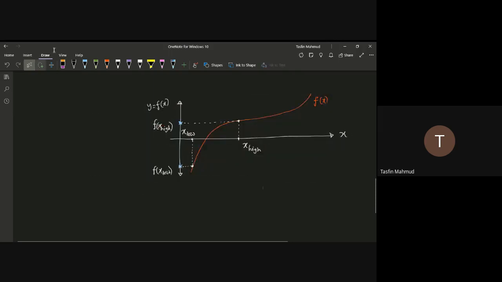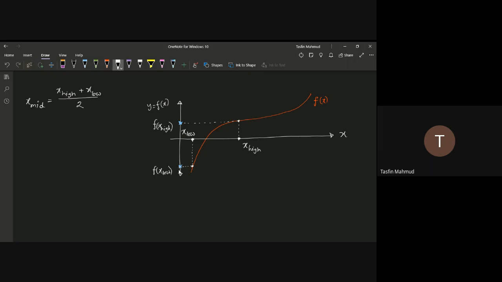So x mid will have this equation: x high plus x low divided by 2, right? We will calculate the midpoint. And as we are actually dividing the interval equally in two parts, we are calling this method the bisection method.